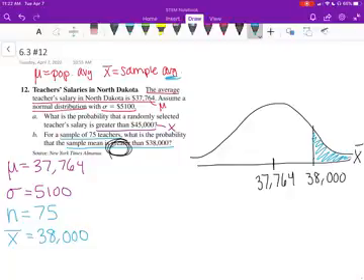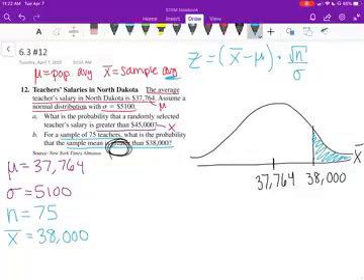Now basically from here, the steps are pretty much the same as 6.2, except you have a different Z formula. Now our formula for Z is equal to X bar minus mu times the square root of N over sigma.